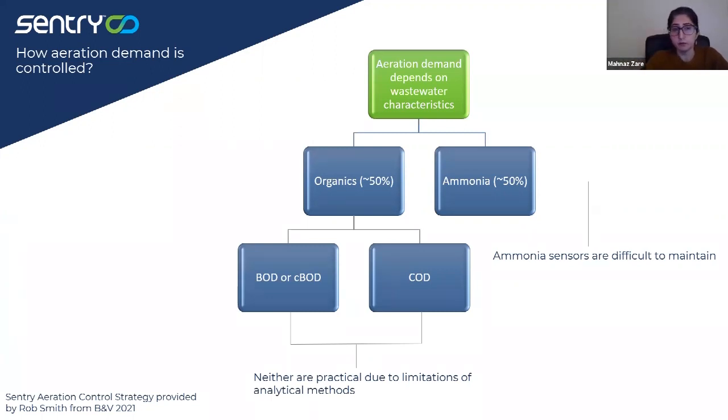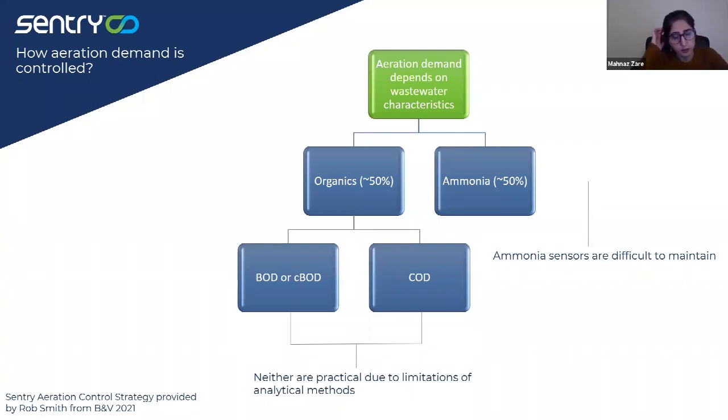The organics we can measure as BOD or carbonaceous BOD and COD, but controlling aeration demand based on these two parameters is not that practical because of the limitations of analytical methods. For example, BOD is measured over 5 days, so it is not real time, and controlling aeration demand based on that is not going to be perfect.